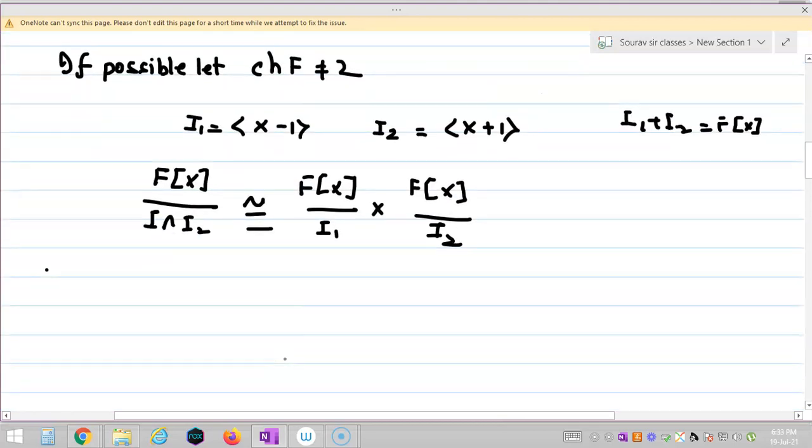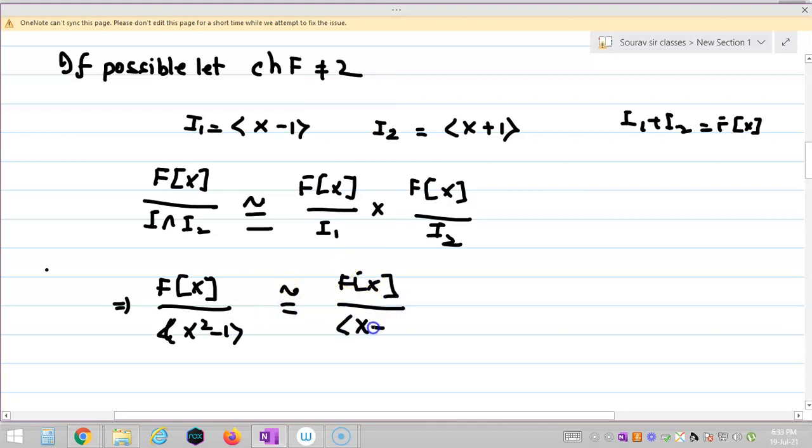So F[x] by I1 intersection I2, where I1 intersection I2 is nothing but the ideal generated by x squared minus 1, is isomorphic to F[x] by the ideal generated by x minus 1 cross F[x] by the ideal generated by x plus 1, right?